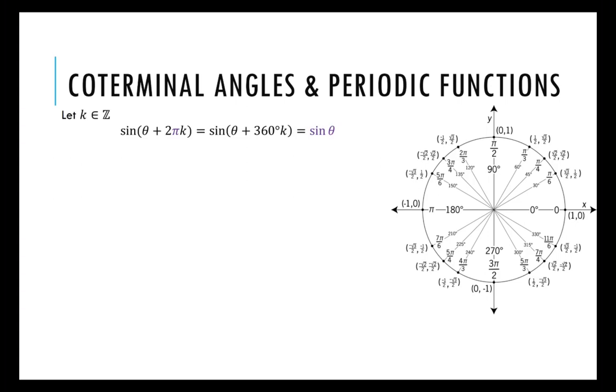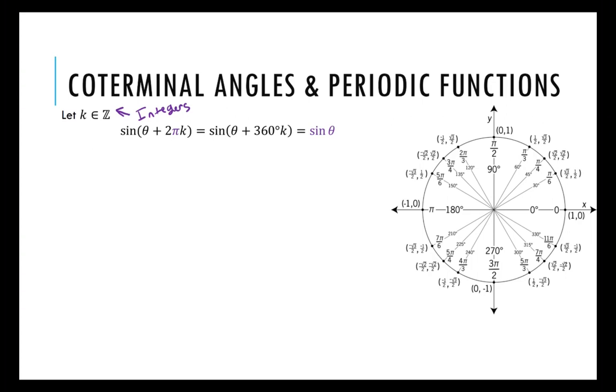Now once we have this idea of coterminal angles, let's generalize what I just said. If you let k, in my formula here, be an integer, usually for mathematical notation a double-struck Z means integers. And remember that the integers are the positive and negative counting numbers or whole numbers. Well, the deal here is that sine of some angle theta plus 2 pi times any integer, any whole number, positive or negative, is the exact same thing as sine of theta.